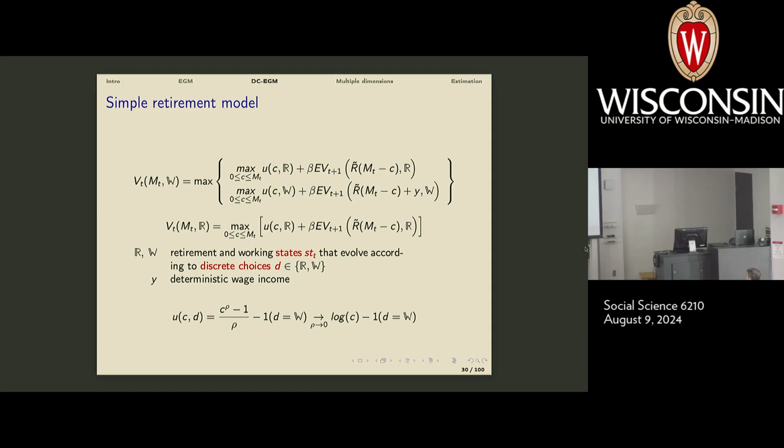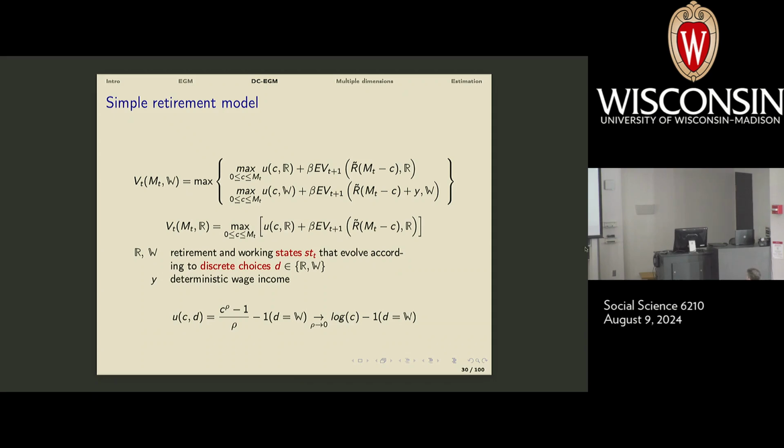And this is represented by these two lines. Let me first say that if you decide to continue to work, then you have this Bellman equation, and there is a plus y over here in the intertemporal budget. So there's going to be a wage. If you're retiring, there's no wage. You're just spending down the accumulated wealth.